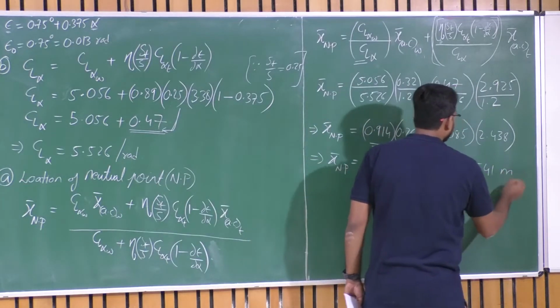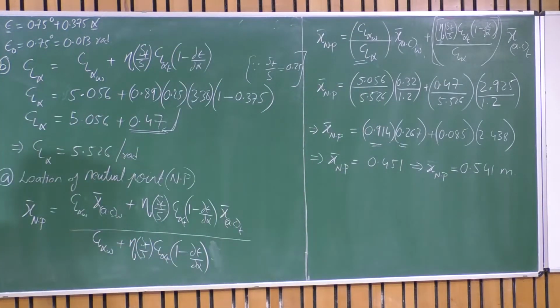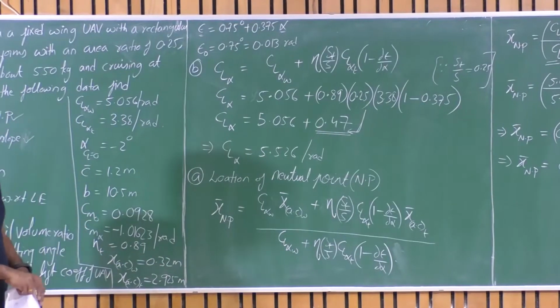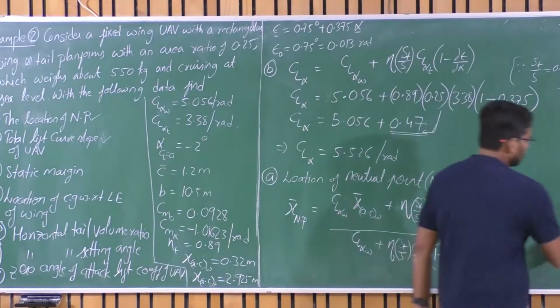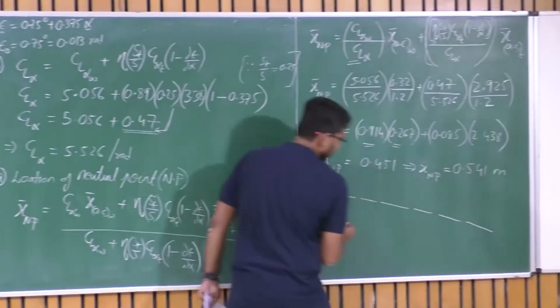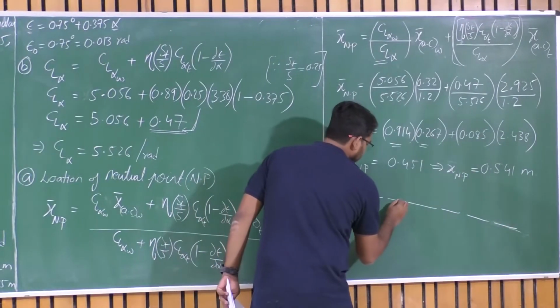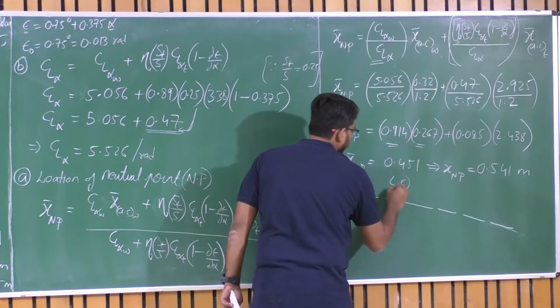0.541 meters from the leading edge of the wing. You see, the aerodynamic center of the wing is 0.3 meters. So shall we draw this? That will make sense, right? Say this is my fuselage reference line. Let us say this is my reference point or leading edge of the wing.